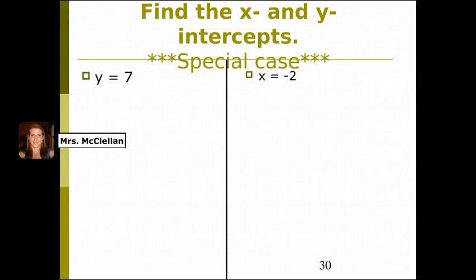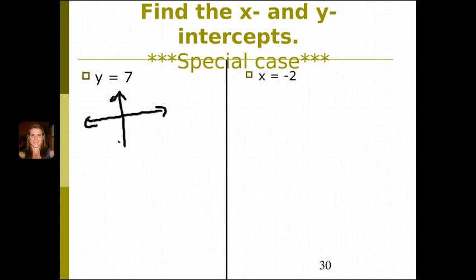Okay, we're going to find the x and y intercepts of these two examples. However, these are what are called special cases, and you'll see why as we go through. So, first one is y equals 7. Well, if I look at what my y equals 7 line looks like on a coordinate plane, you would have a horizontal line through 7 on your y-axis.